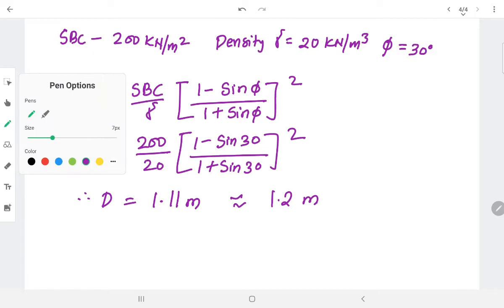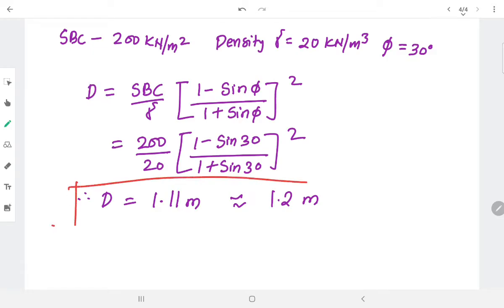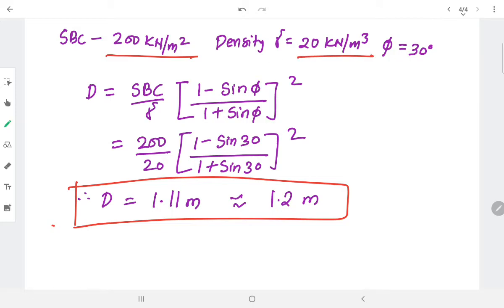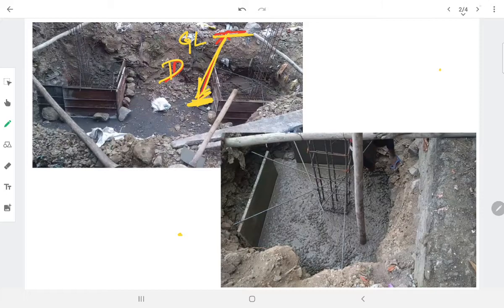So the minimum depth of foundation required, if the SBC is 200 kilonewton per meter square, density of soil is 20 kilonewton per meter cube, and phi is 30 degrees, I'll brief once again. So what will the depth of foundation be?